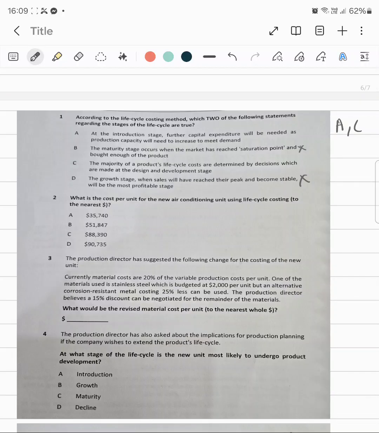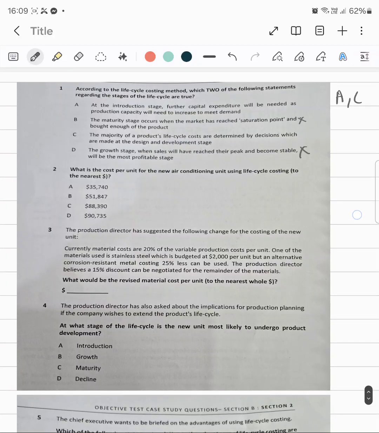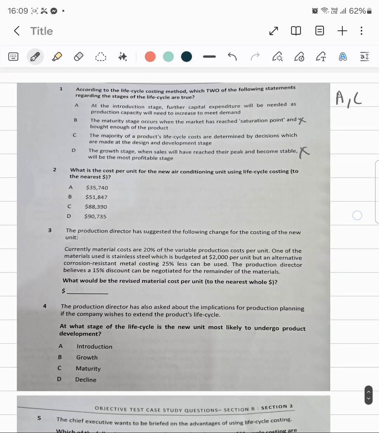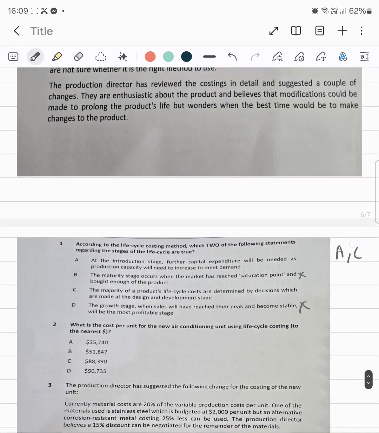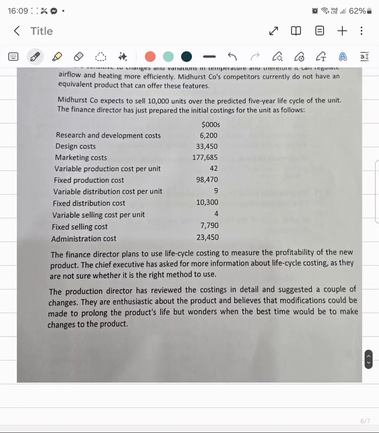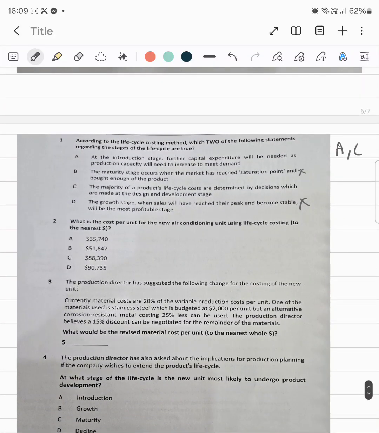Let's read further. The second question is: what is the cost per unit for the new air conditioning unit using life cycle costing? Over here we are supposed to calculate the cost per unit of the new air conditioning unit using life cycle costing.